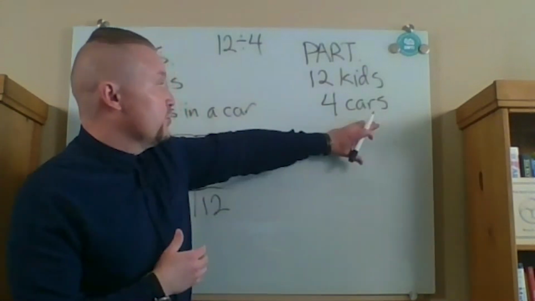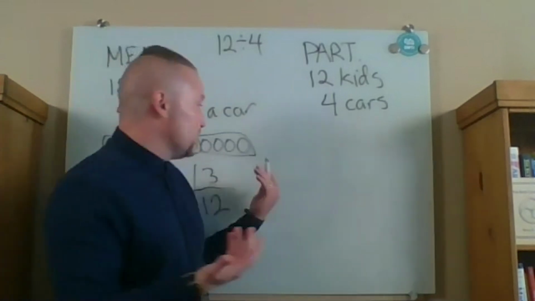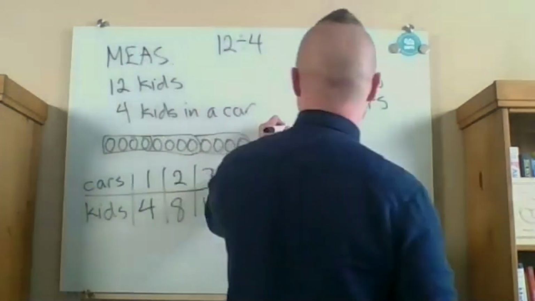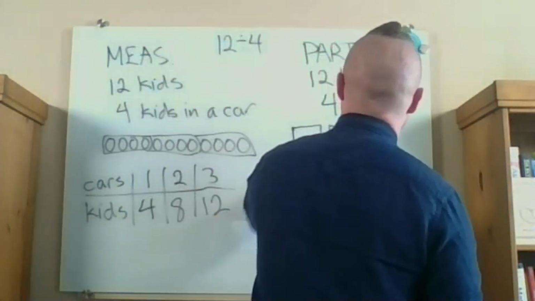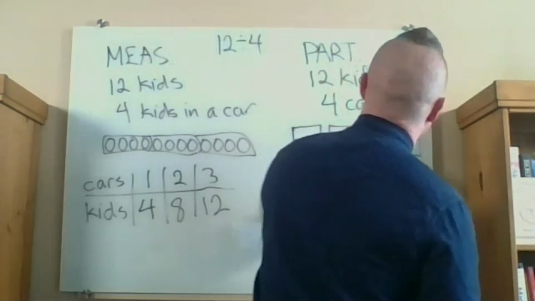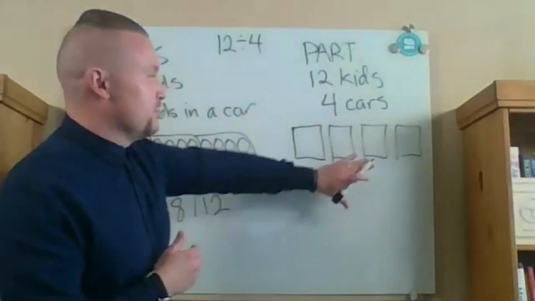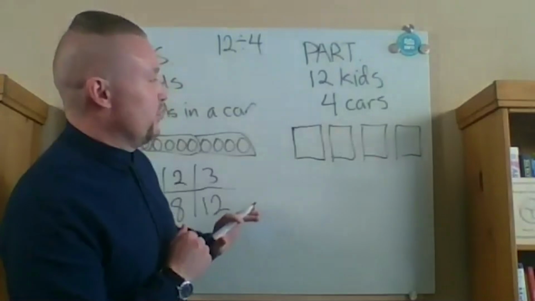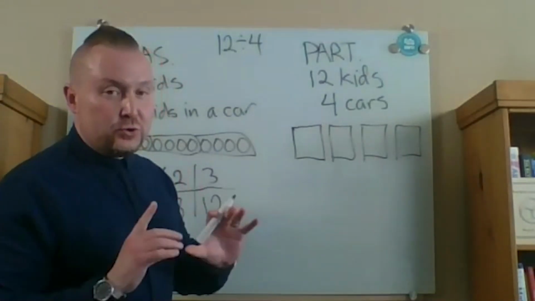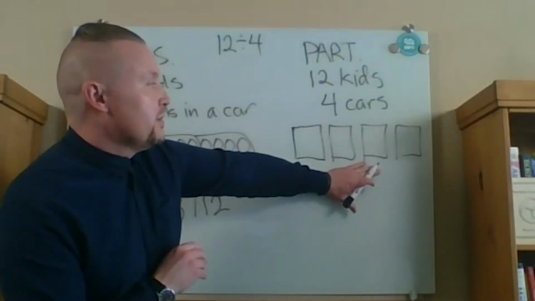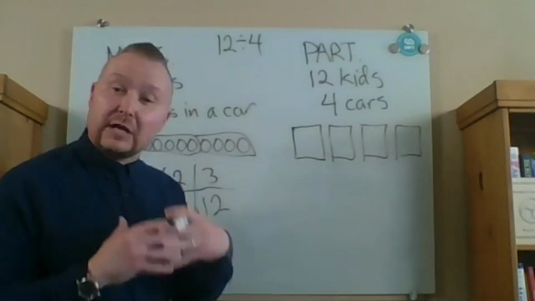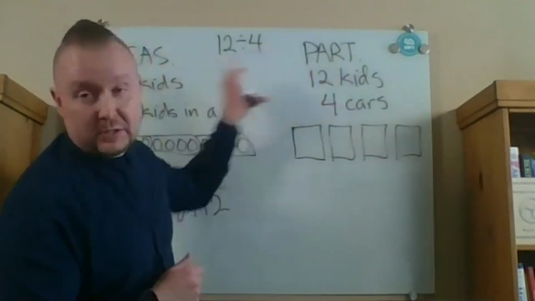And if you give this problem to a young student, they typically do things like draw the 4 cars. So I've got my 4 cars, not the best picture of cars, but just a simple model. And then I want to show you how the table and the way kids typically solve this informally actually help us understand the difference between these two problem types.